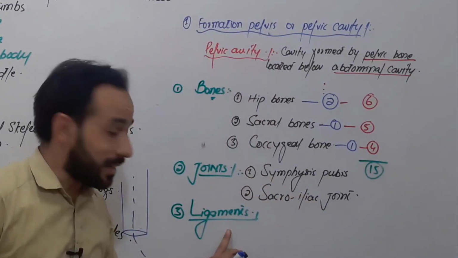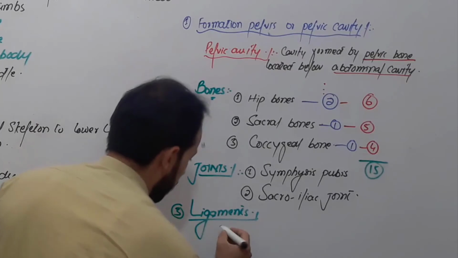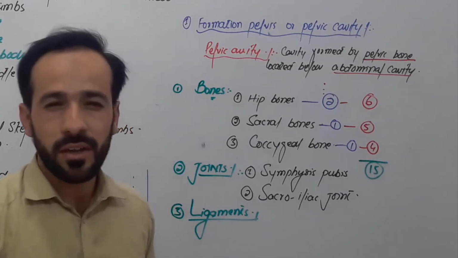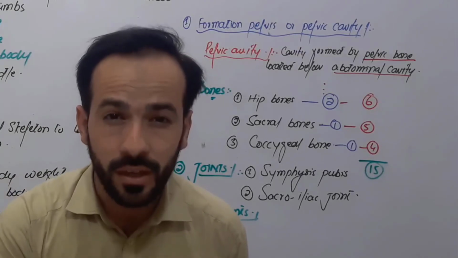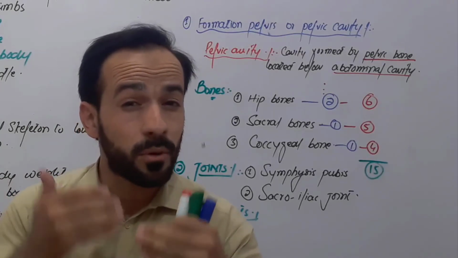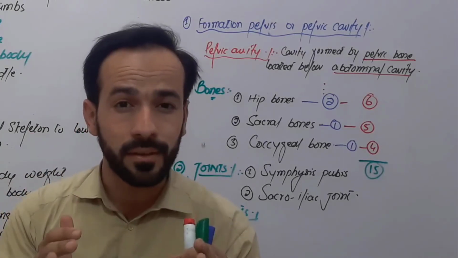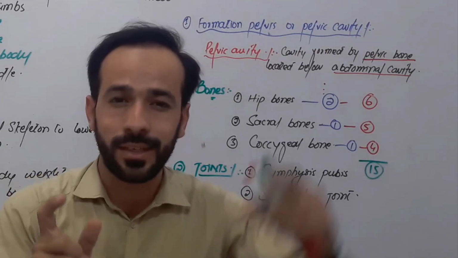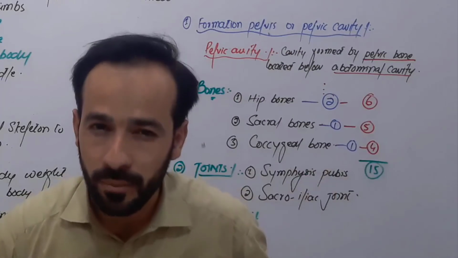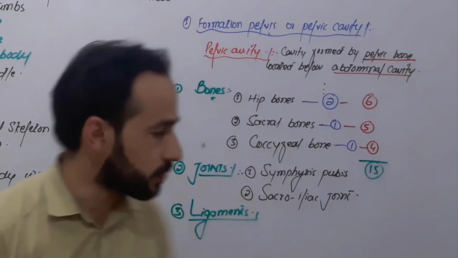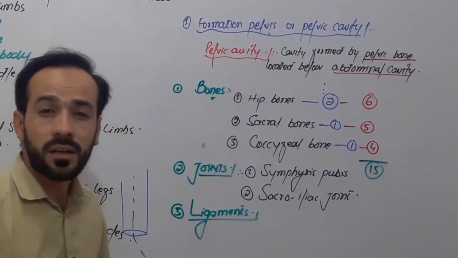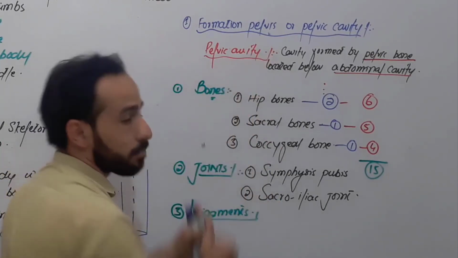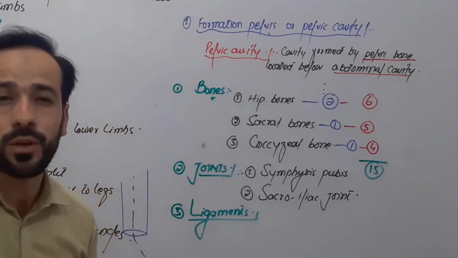So these ligaments include, we will just write the names of those ligaments here, but while we discuss the walls of the pelvis, we will show each ligament in its position, and the attachments of those ligaments we will discuss in later lectures. So look here, what are the names of those ligaments which make your pelvic cavity or your pelvis?